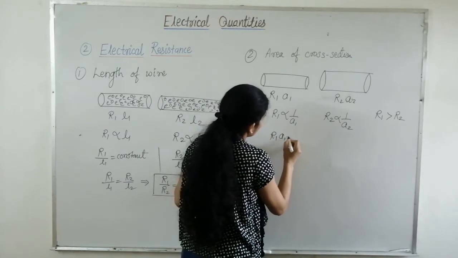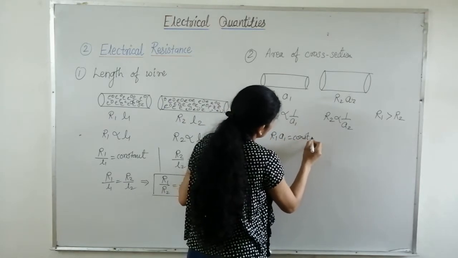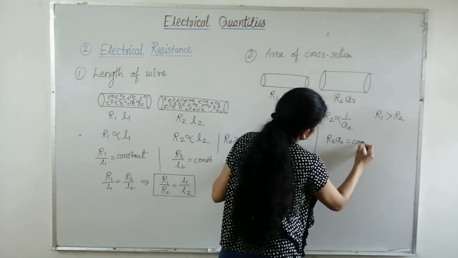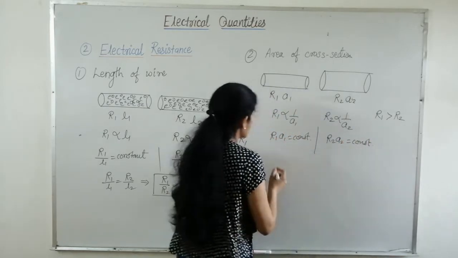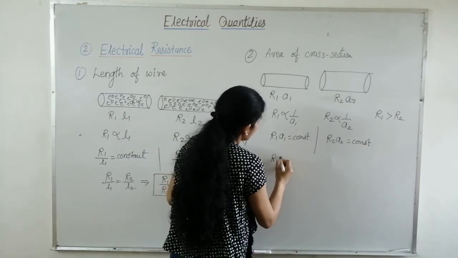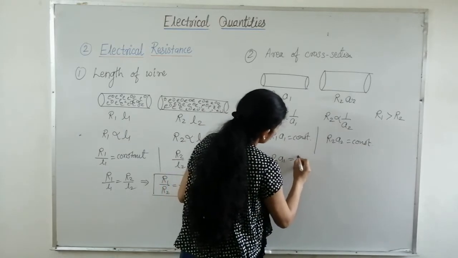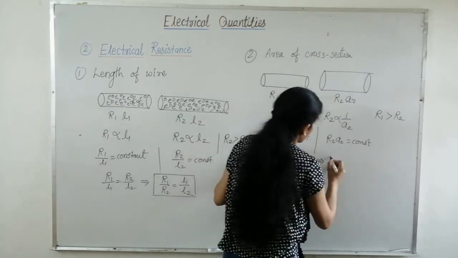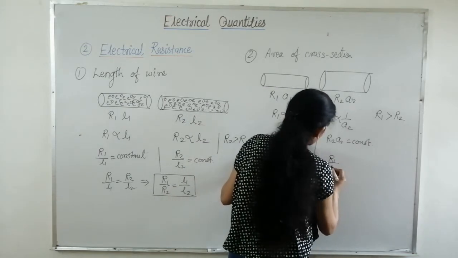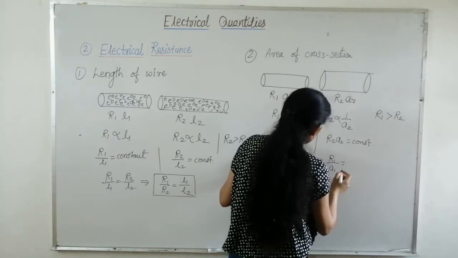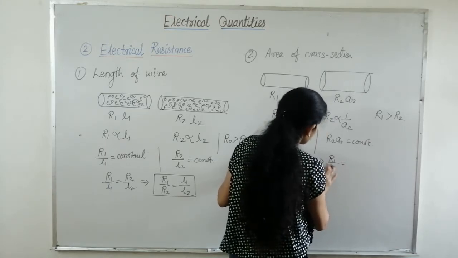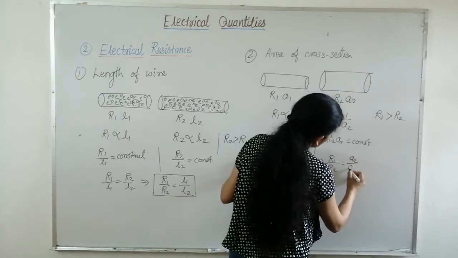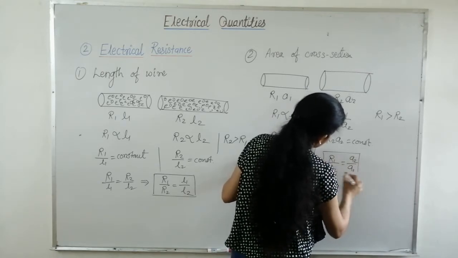This you can write R1 A1 is equal to constant and R2 A2 is equal to constant. If you combine this, you can write R1 A1 is equal to R2 A2. This implies R1 by R2 is equal to A2 by A1.